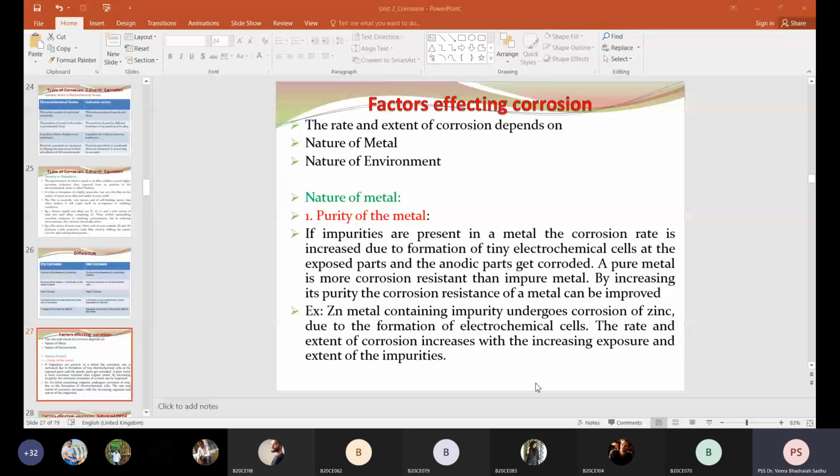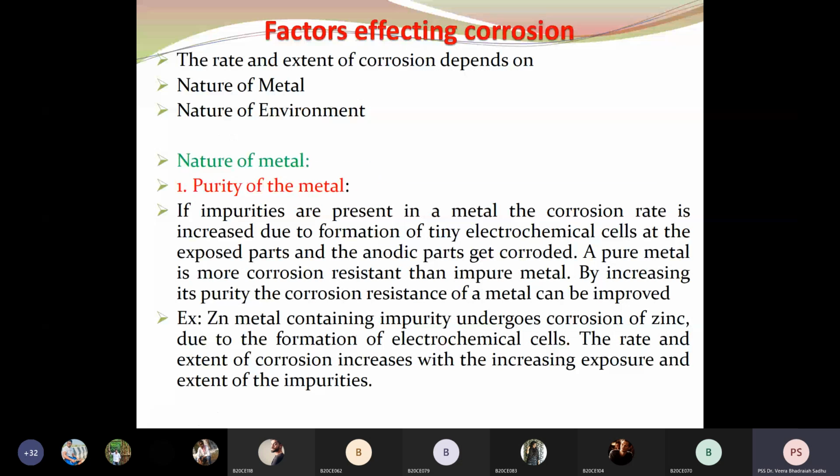So if it is a highly pure metal, the corrosion of the metal will be less. It is more resistant to corrosion if it is highly pure.